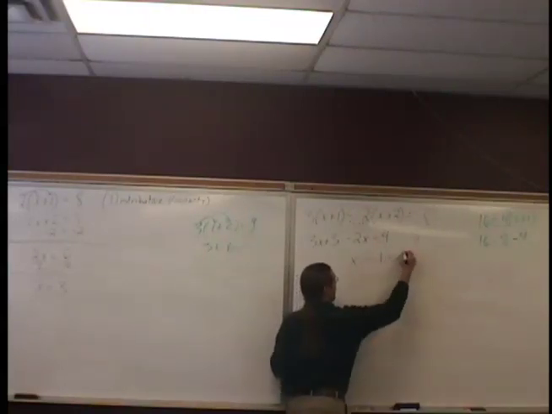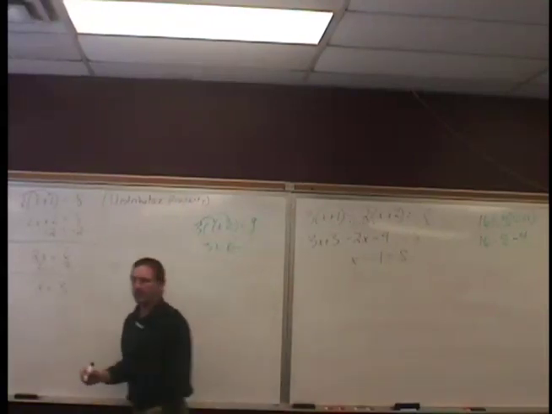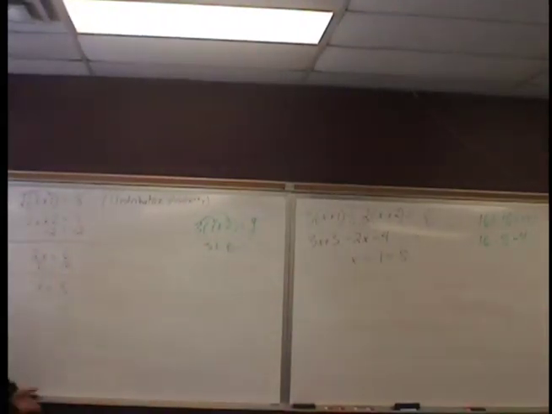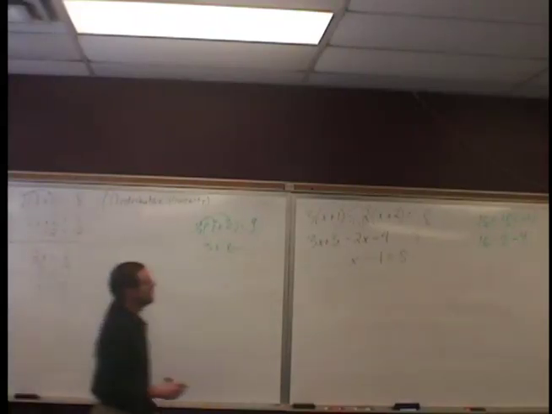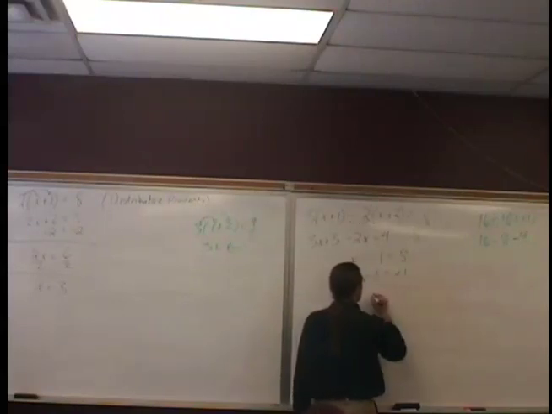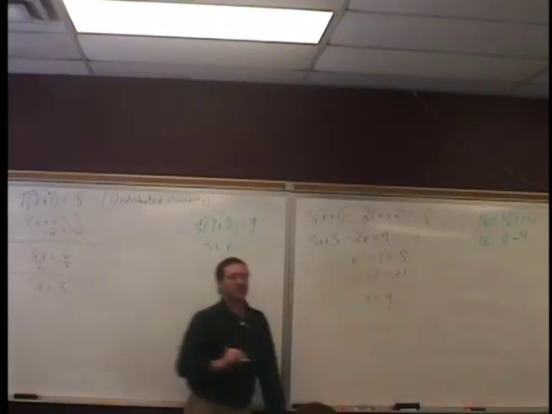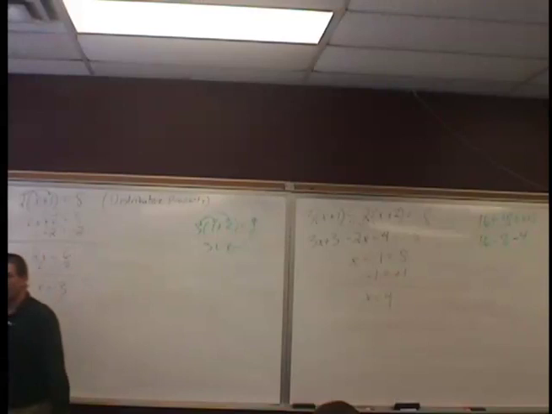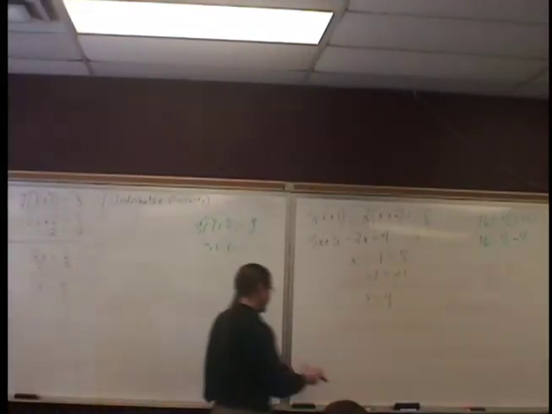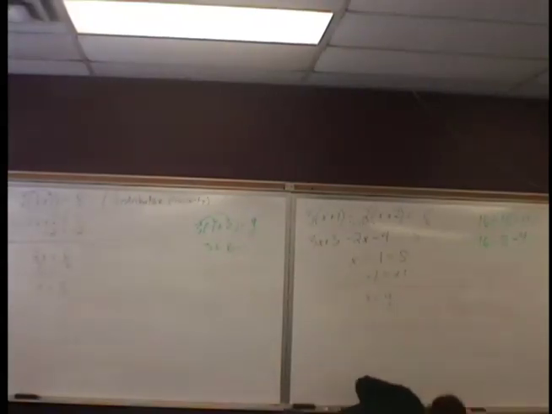Be careful with that, all right? Now you've got it into a nice straightforward problem. Add 1 to both sides. X is 9. And what are you going to do when you're done? Check it. Okay.